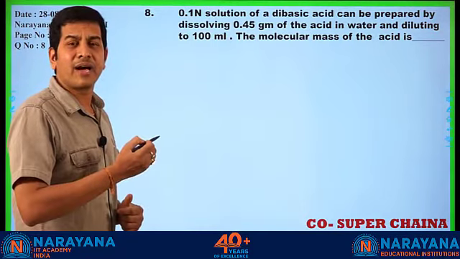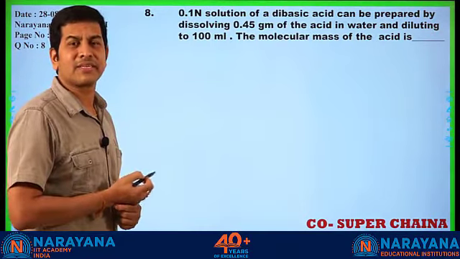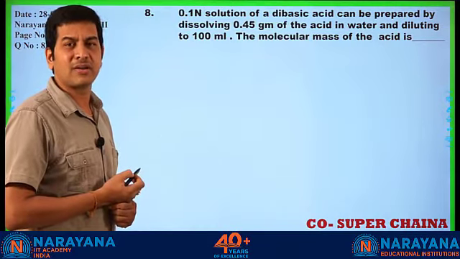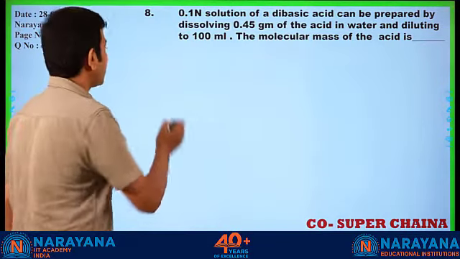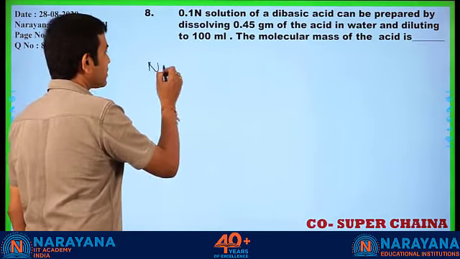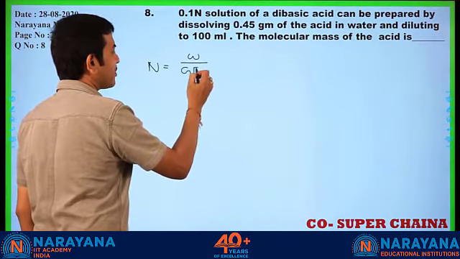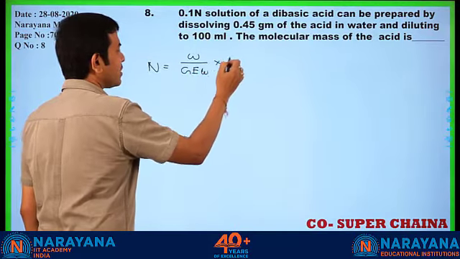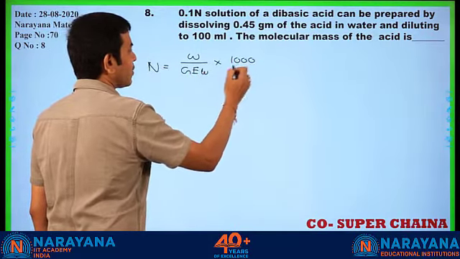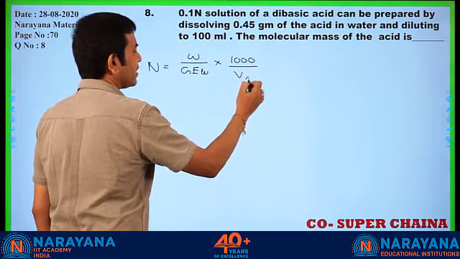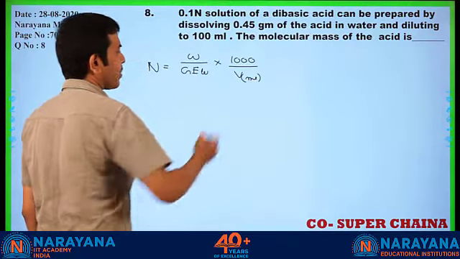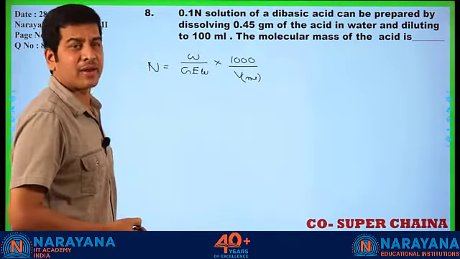Normality, the number of gram equivalents present in 1 liter of solution, is called normality. So the normality formula: normality is equal to weight by gram equivalent weight into 1000 by volume in ml. That is the formula to calculate normality.